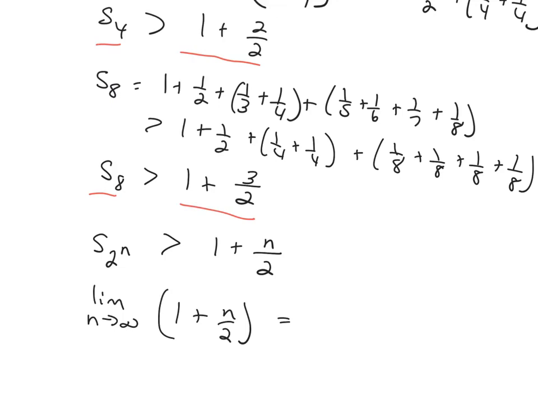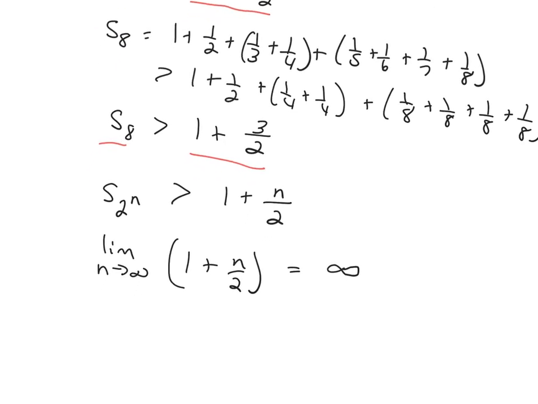The limit of 1 is 1. What about n over 2? Infinity. So I'm getting infinity here, right? And these partial sums are bigger than this 1 plus n over 2, and that goes to infinity. So this tells me that those partial sums also have to go to infinity. So the limit of S sub 2 to the n is also infinity as well.